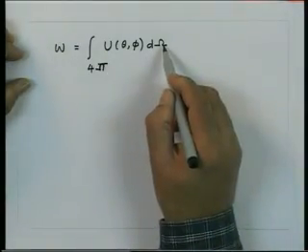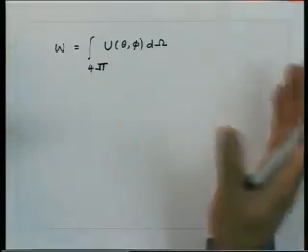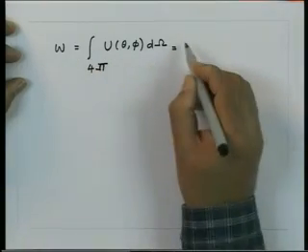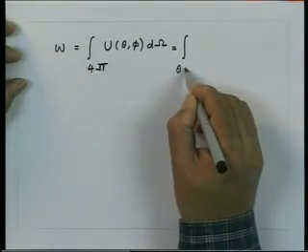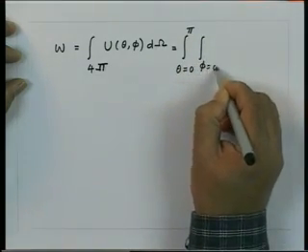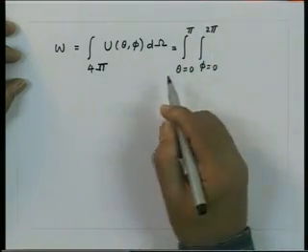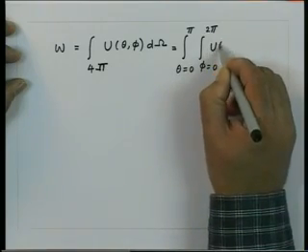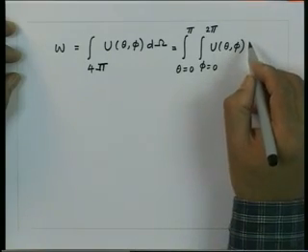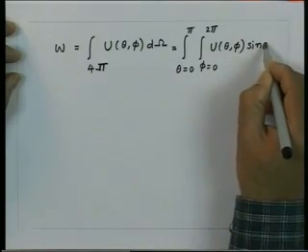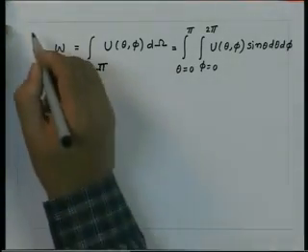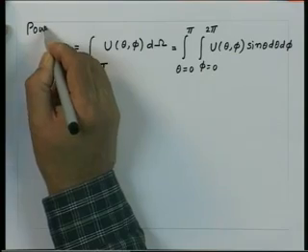So if I write this specifically in terms of spherical coordinates, this is theta equal to 0 to pi, phi 0 to 2 pi, the radiation intensity u theta phi, sin theta, the incremental solid angle d theta d phi. So this is the power radiated by the antenna.